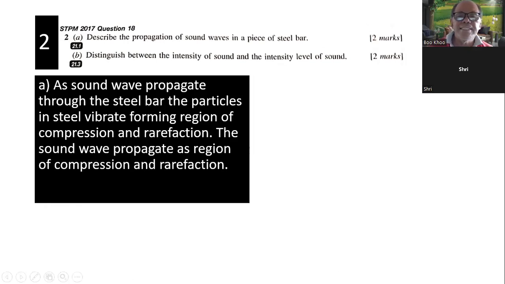Distinguish between intensity of sound and sound intensity level. Just take each of them. What is the intensity of sound? What's the intensity level of sound? Memory work only, this one, definition.